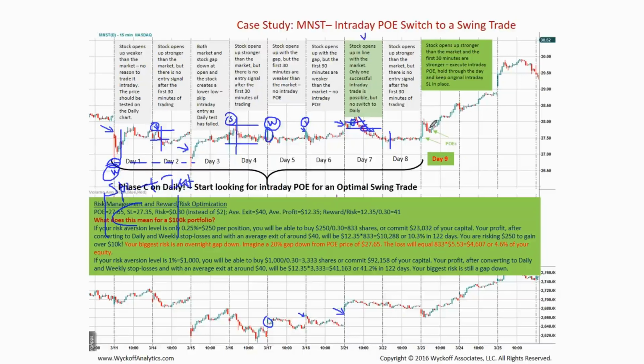Day number 9 is where we're going to be very active. From the beginning, the day starts with a big spread to the upside when the market is much weaker, so we are stronger. This is the one that we want to choose for our upside intraday trades. The first 30 minutes pass, and we want to enter on the first reversal out of that first reaction.